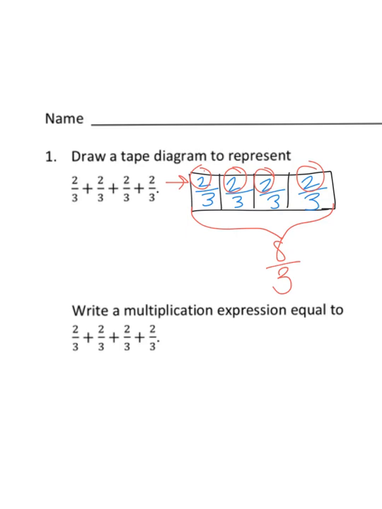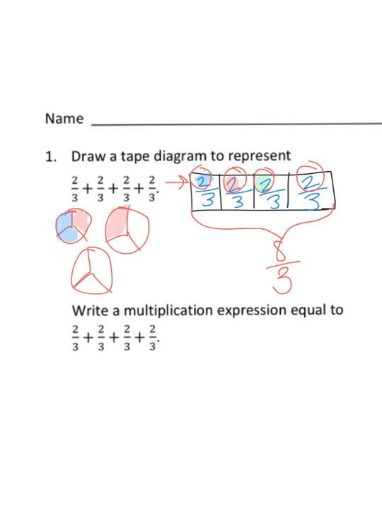I'm going to draw some groups of thirds first. All right, I just have 3 groups of thirds right here. So first I had 2/3, and then I added 2 more. So here's 1, 2.